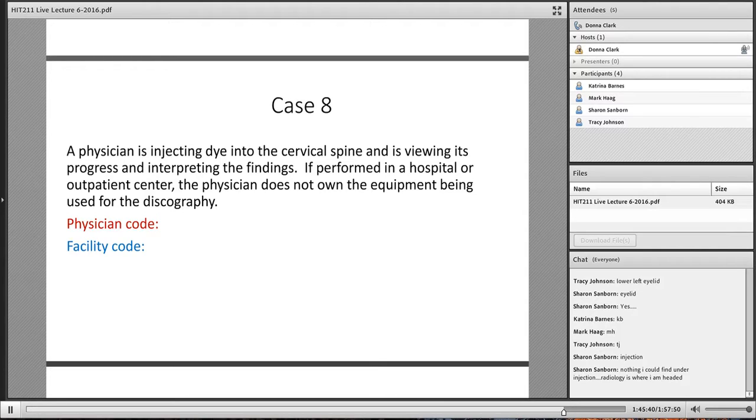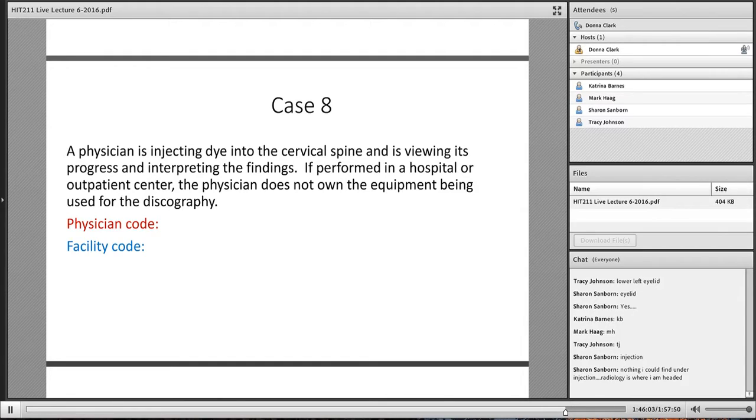Everybody's getting tired. Oh, still flipping. Give me a minute. Injection.